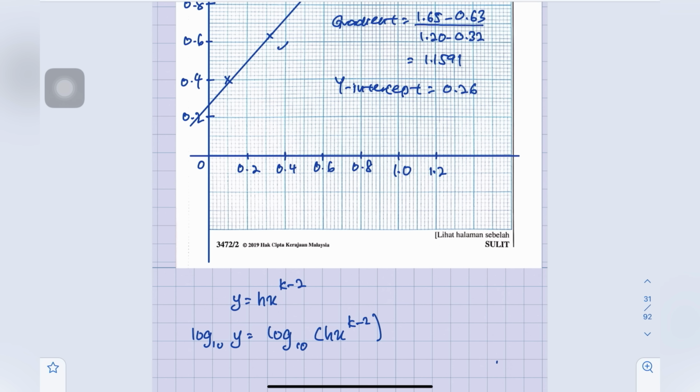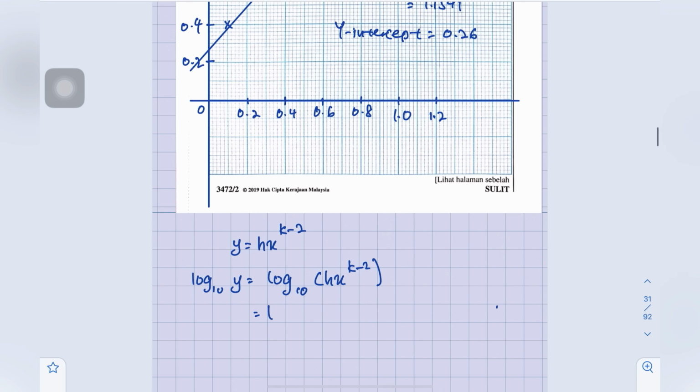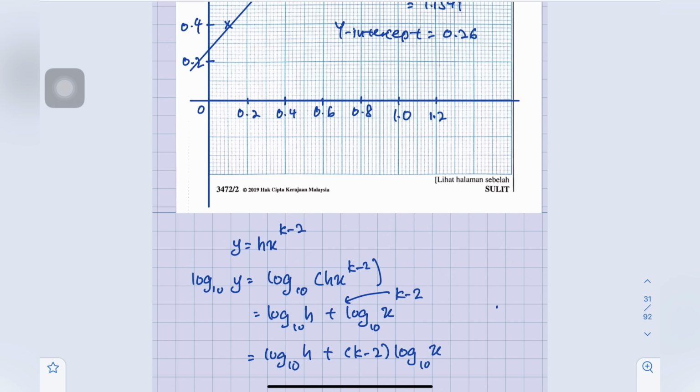By using laws of logarithm, log h base 10 plus log x power of k minus 2 base 10. Again we can use laws of logarithm, so k minus 2 log x base 10.